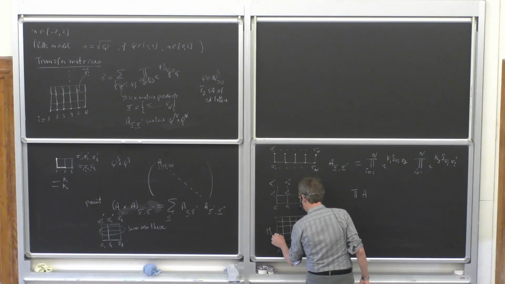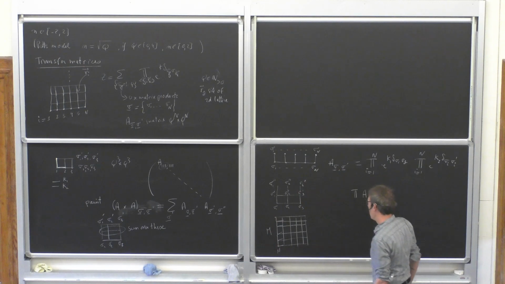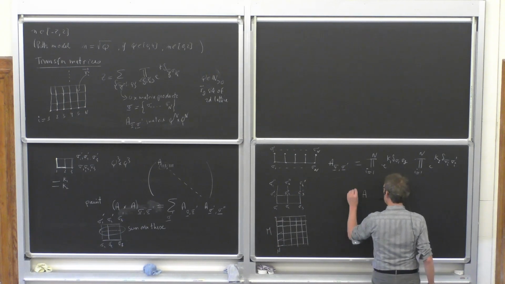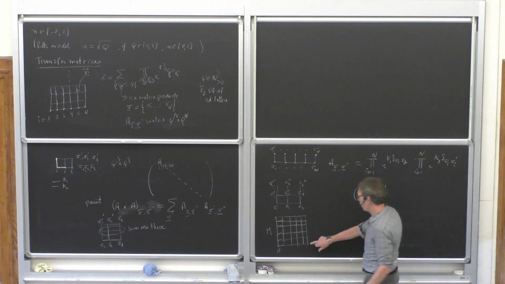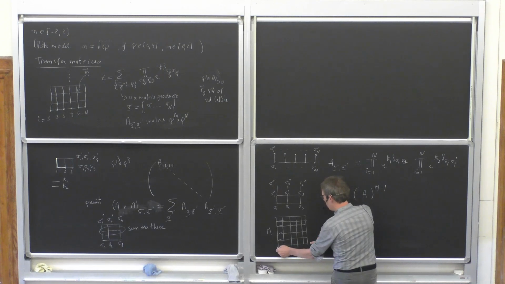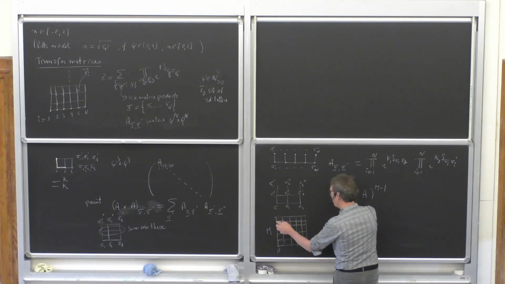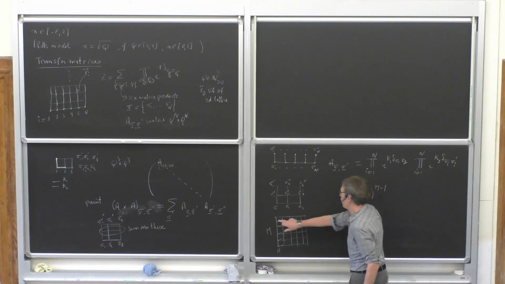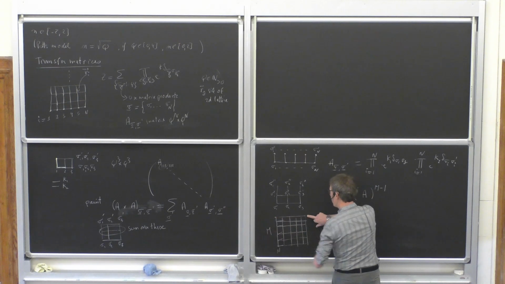Well, one A here, one A here, one A here, one A here, one A here. So if I have m sites, I need m minus 1 A matrices, A to the m minus 1. So this is going to take into account the interactions from this horizontal and this vertical, this horizontal, this vertical, all the way up to here. Then I still need to take into account the interaction due to these horizontal bonds.